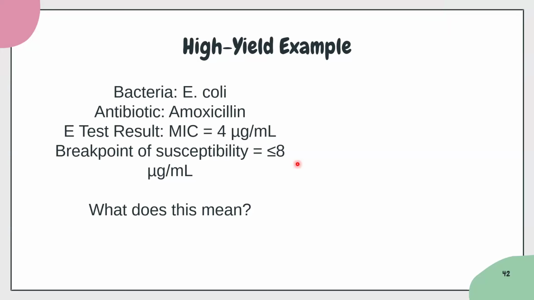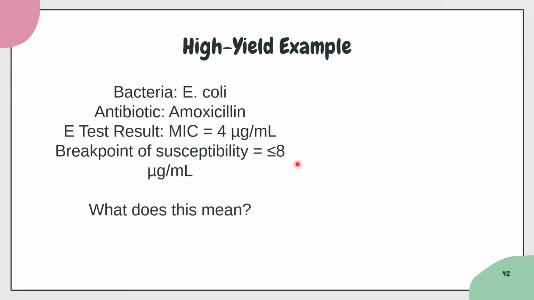In general, MIC should be lower than the breakpoint of susceptibility in order to say that the bacteria is susceptible to this antibiotic. And in this case, the MIC is lower than the breakpoint. So that means that the antibiotic is susceptible.